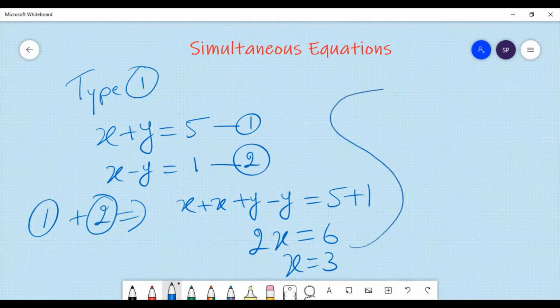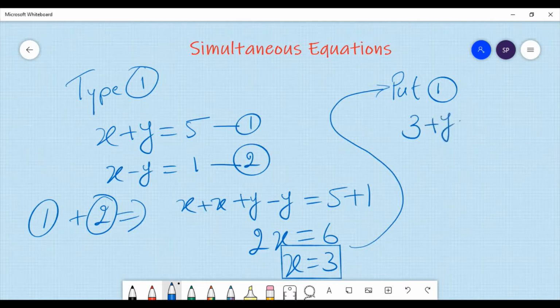Then, when we're trying to work out the y value, we just need to put the x value into one of the equations we already have. So we can put it into equation 1. In place of x, you're going to put 3, and then plus y equals 5.